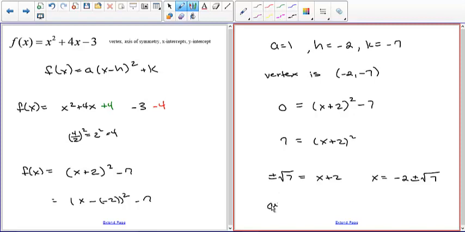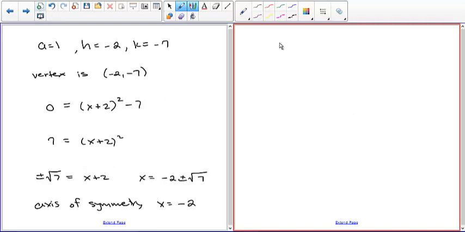The axis of symmetry is going to be x equals -2.